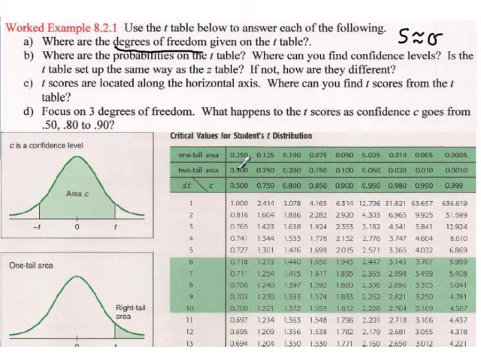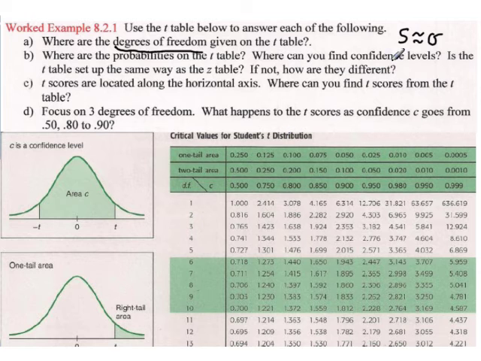Because if you had two tails whose total area was 0.500, then each of them should be 0.250. You add up the two of these 0.250s, and you get 0.500. So the probabilities are located at the top of the t-table.